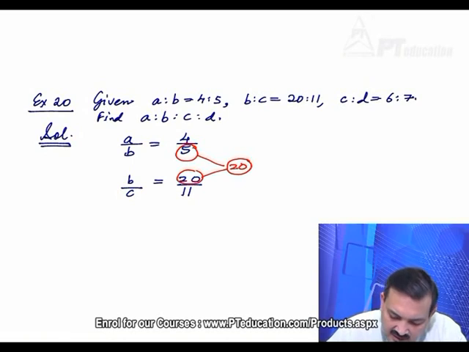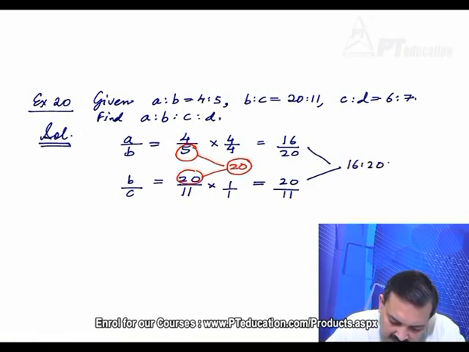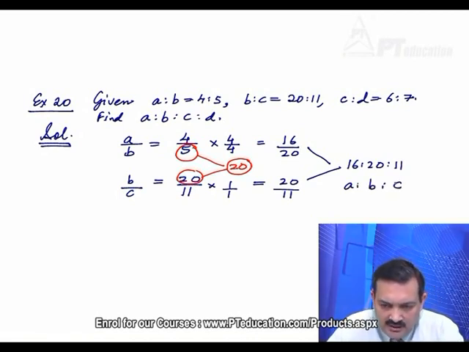And so that means I need to multiply the first one by 4 by 4 and the second one by 1 by 1. So this will give me 16 by 20 and this will give me 20 by 11. And so from here, the common ratio comes out to be 16 is to 20 is to 11, which is A is to B is to C. I hope all of you are able to see it.